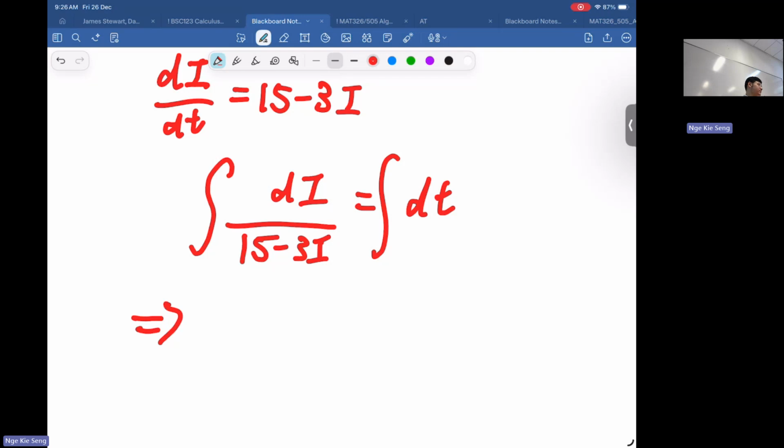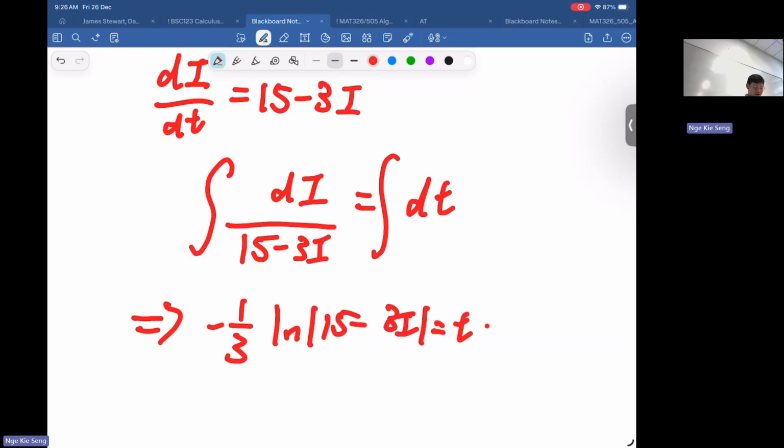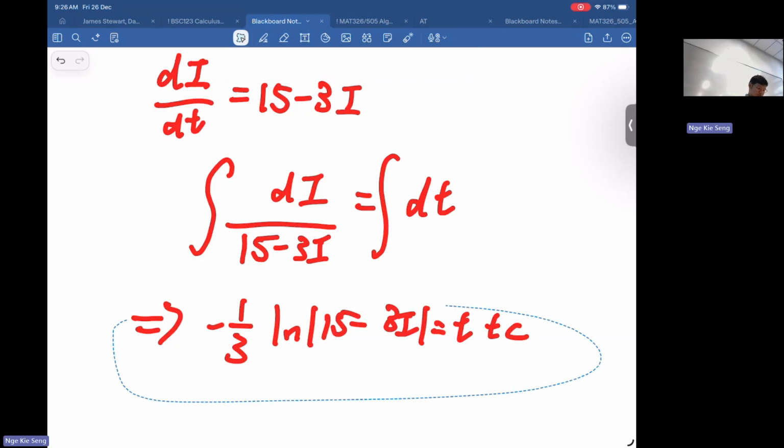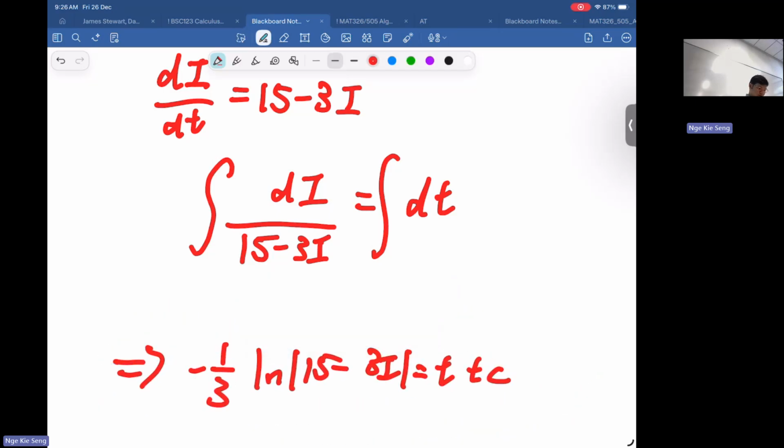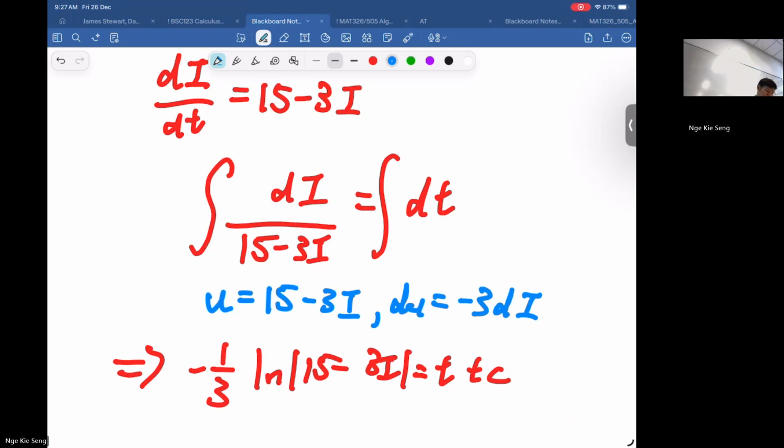Yes, good, very good. Should we do the substitution, or are you happy you can see the answer? Maybe just write down what you need to substitute. u equals 15 minus 3i, and then du equals minus 3 di. That's why we have an extra minus 1 over the 3 term.